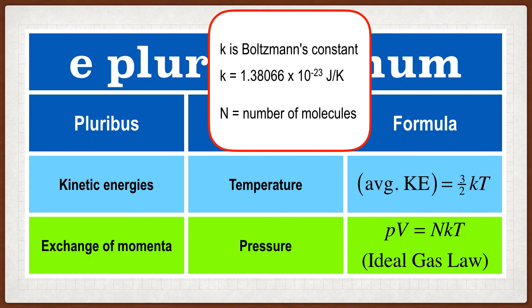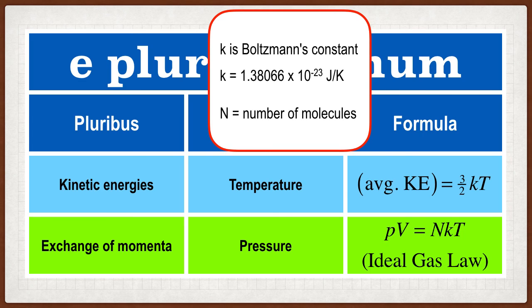And this is the law called the ideal gas law that governs that. This is called an equation of state. And it relates the thermodynamic values of pressure, volume, number, and temperature. And there's a constant of nature in there called Boltzmann's constant.